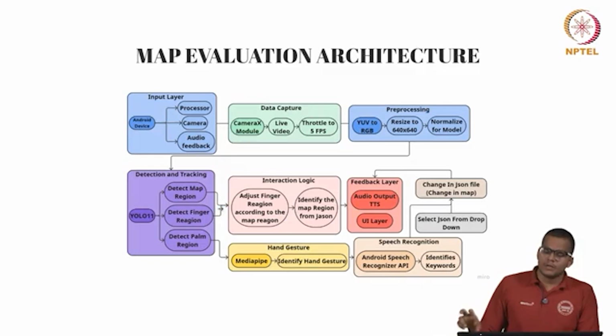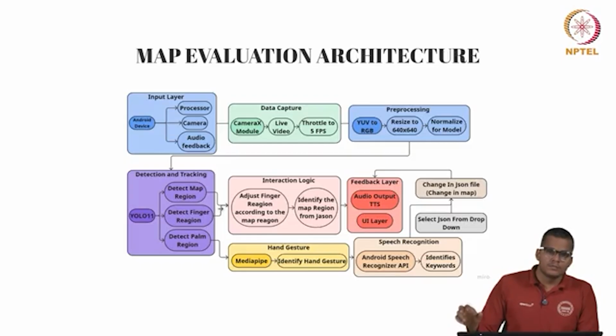First, we crop the output of the image. Let's say the image that we fed to the model was a 640 by 640 image, and we ask the model for the map region only, the model will give us four coordinates: x1 y1, x2 y2, x3 y3, and x4 y4.